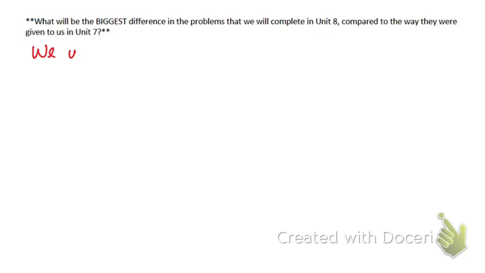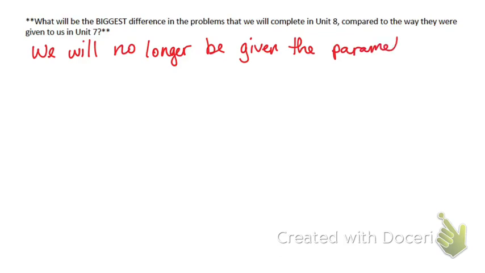We will no longer be given the parameters. Wait, what? We are no longer going to be given the parameters. What did I just tell you you're no longer going to get? You're no longer going to get p, mu, or sigma in the problem.